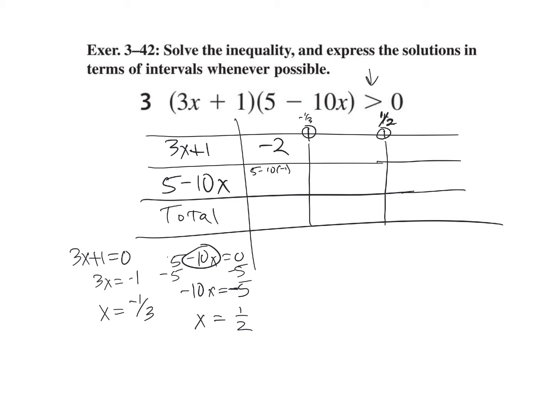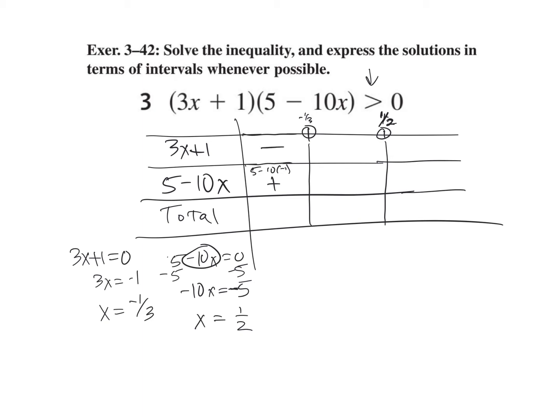The negative 10 times the negative 1 is positive 10. So this would be 5 plus 10, or 15. That's positive. All right, so now I want to go back and erase what I did here. When I plugged negative 1 in, 3 times negative 1 is negative 3, plus 1 was negative 2. That's what we said, meaning it's negative.